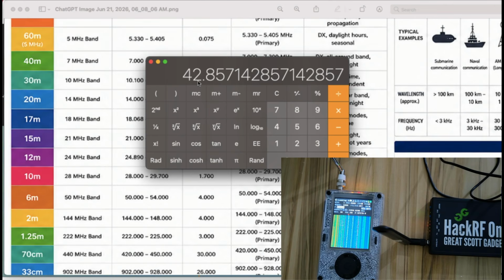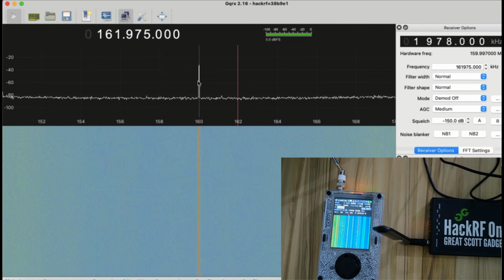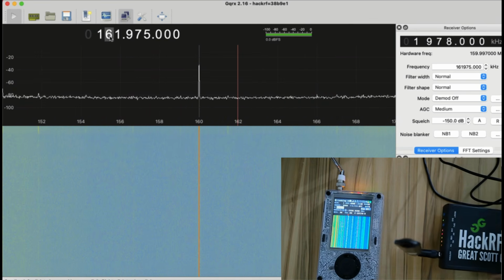Now, I won't be able to show you the entire spectrum using GQRX with the help of HackRF, because it requires a different set of software which was actually not available for the Mac OS platform. But you can tune into a particular frequency. For example, this is a general purpose antenna.